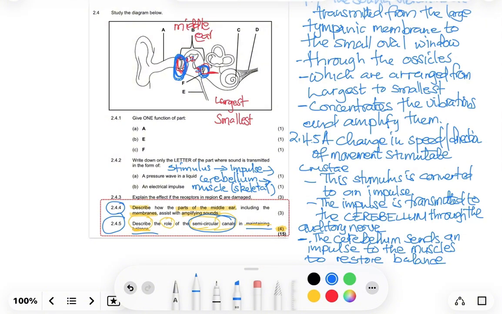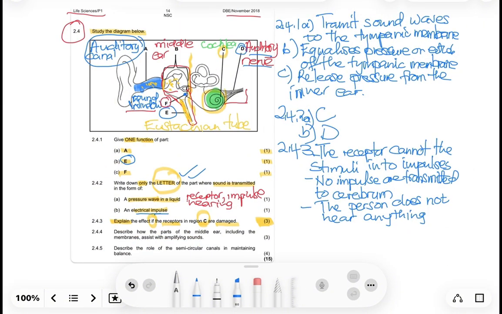Now, let us look at how the examiner at the marking center at the end of the year would have marked this question. Question 2.4.1a: transmit the sound waves.